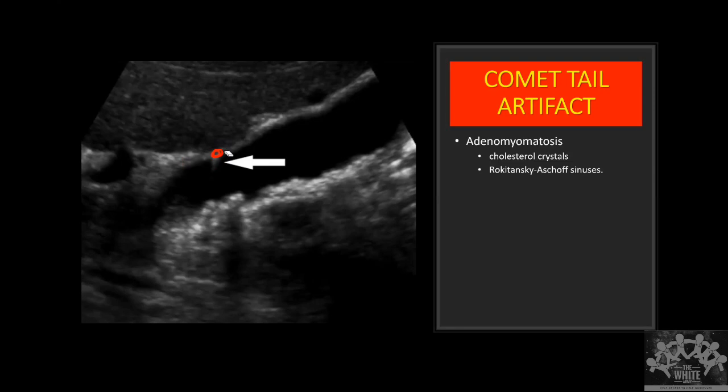Sometimes when cholesterol crystals are deposited inside, it gives a comet tail appearance. This is seen in some conditions of the gallbladder. So this is called a reverberation artifact or the comet tail artifact. It is not important to remember, but it is seen in some gallbladder pathologies.